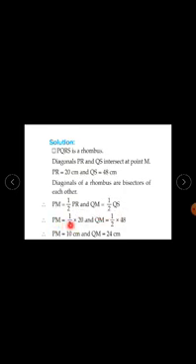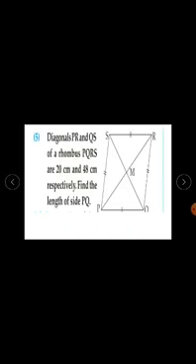So, PM equal to half of 20, PR is 20, substitute here 20, and QM is half of QS means QM equal to half of 48, QS is 48, substitute here 48. So, half of 20 is 10 centimeters. So, PM equal to 10 centimeter and half of 48 is 24 centimeter. Therefore, QM is equal to 24 centimeter.